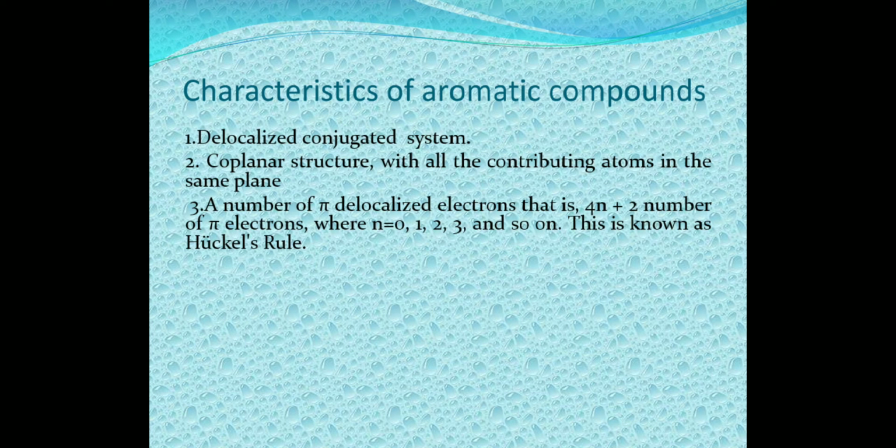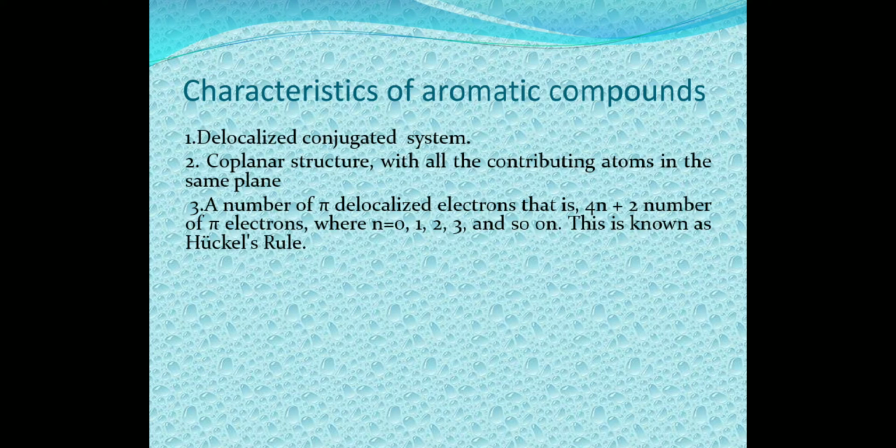Now, what are the characteristics of aromatic compounds? The first characteristic is that it must have a delocalized conjugated system. Without a delocalized conjugated system, a molecule cannot be called an aromatic compound. Number two, the molecule must have a coplanar structure with all the contributing atoms in the same plane.